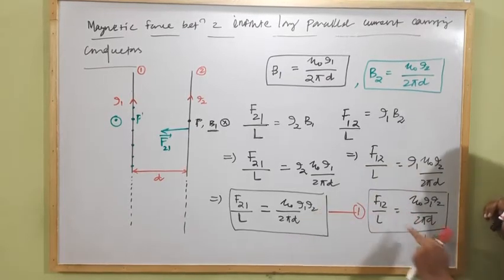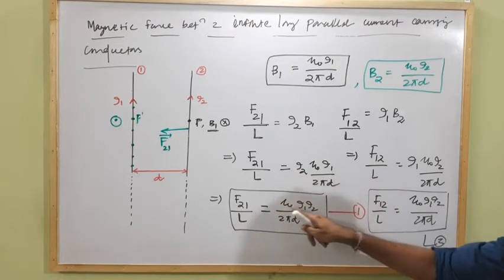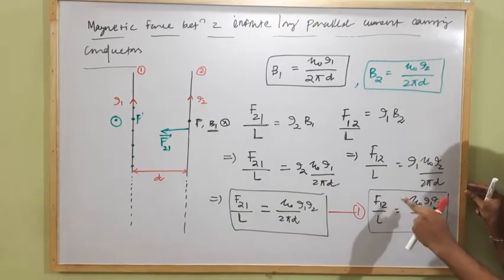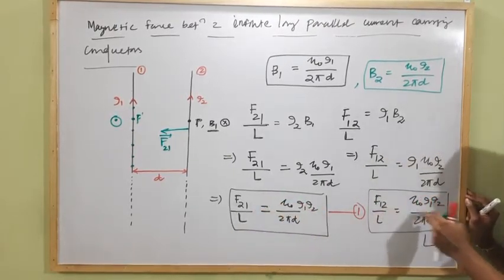So from 1 and 2 we get that the magnetic force per unit length on conductor 2 due to 1 is the same as the magnetic force per unit length on conductor 1 due to 2.